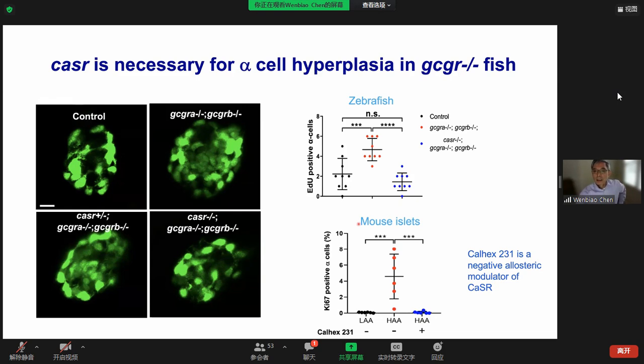In addition, this is also true in the ex vivo mouse culture model using the CASR inhibitor Calhex231. We can almost completely block the alpha cell proliferation induced by high amino acids. So this suggests that CASR may be involved.